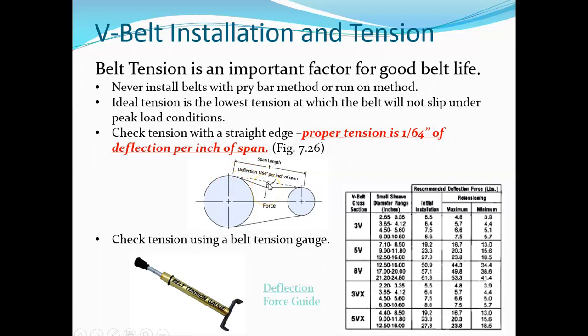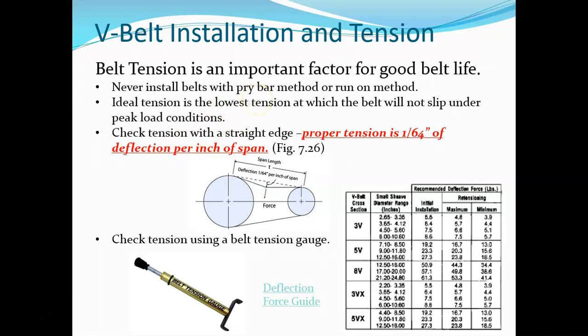This belt deflection ideally would be 1/64 of an inch per inch of span. Your span length is going to be the center to center distance between your larger and smaller sheave.